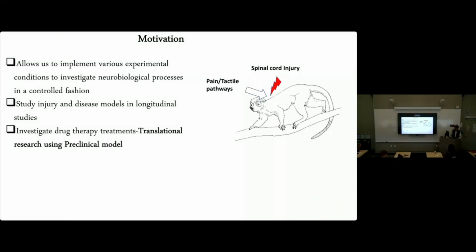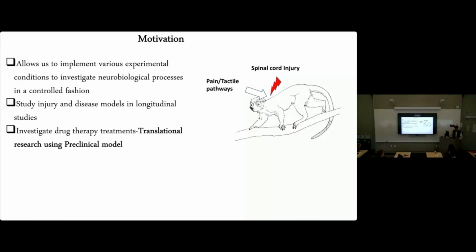So firstly, let me talk about the motivation. Maybe most of us are aware that animal studies allow us to implement various experimental conditions in a much more controlled way than humans. So that's one of the primary reasons that many people prefer animal work initially.